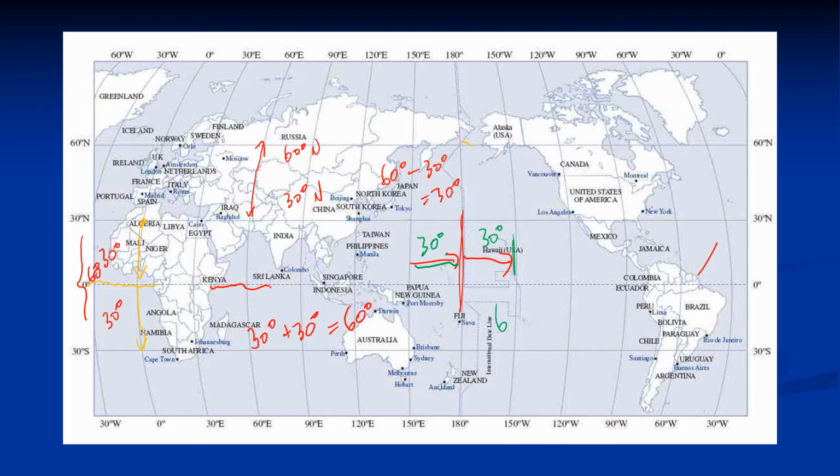That's a total of 60 degrees. So just bear in mind the international date line or the prime meridian over here if you're crossing this as well. So if I'm travelling from here over to here, I've travelled a total of 30 plus 30 plus 30. So that's a total of 90 degrees.